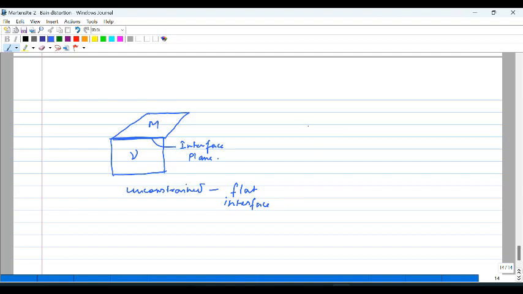But if it is constrained, then there will be lot of strain that will be generated around the surrounding matrix, right? So in order to reduce that strain, in order to minimize the strain energy, the Martensite would try and grow as a thin plate. So this interface would assume some curvature. Okay. But the overall plane will remain parallel to this flat plane.